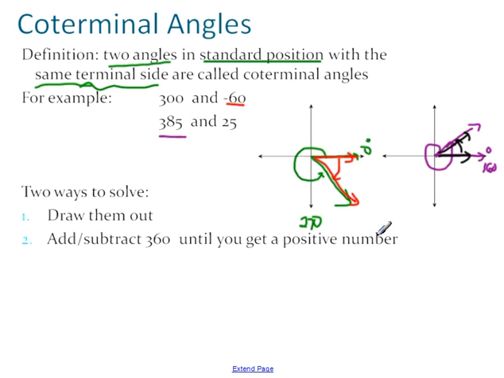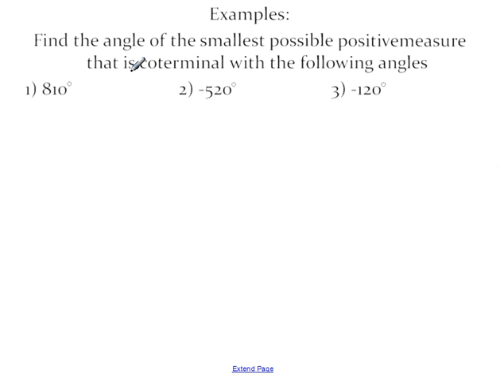You can add or subtract 360 until you get what you're looking for. And typically, since there are an infinite number of possibilities, you'll be told something like the smallest possible positive measure that is coterminal with the following.